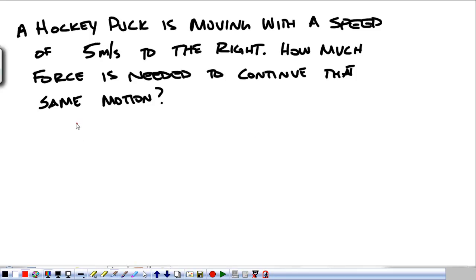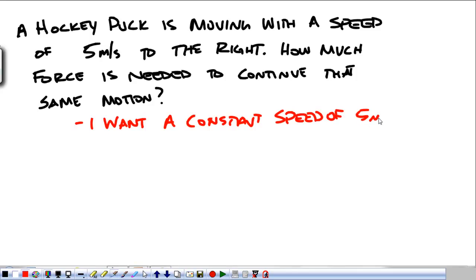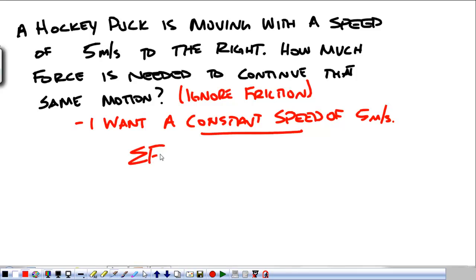So, to be clear, I want a constant speed of 5 meters per second. Oh, and let's go ahead and ignore friction. That's why we're on ice after all. In order to have a constant speed, the net force needs to be 0.